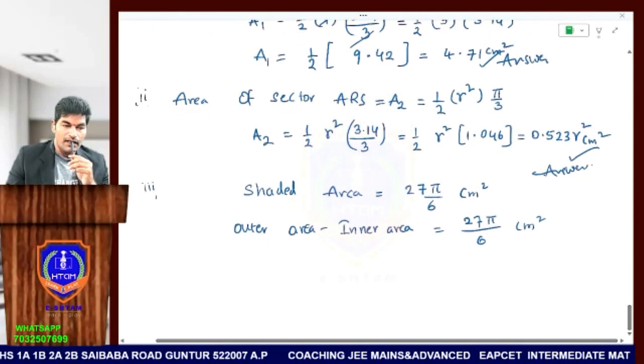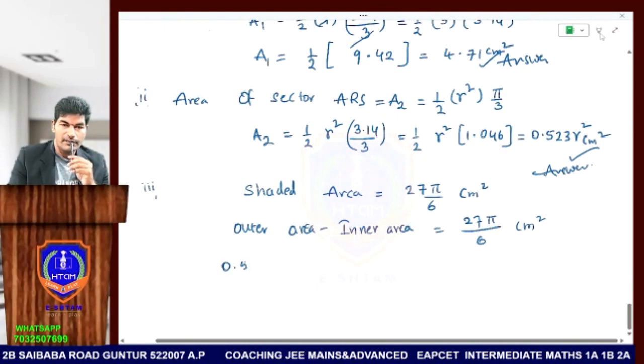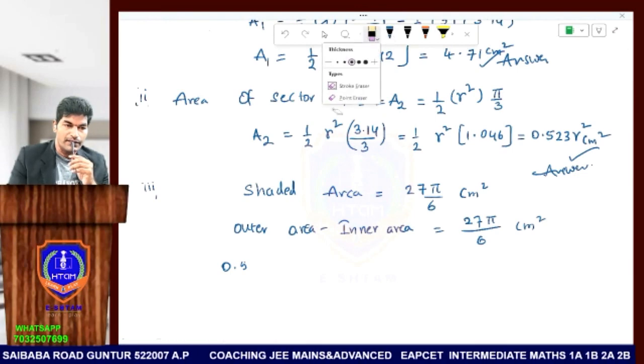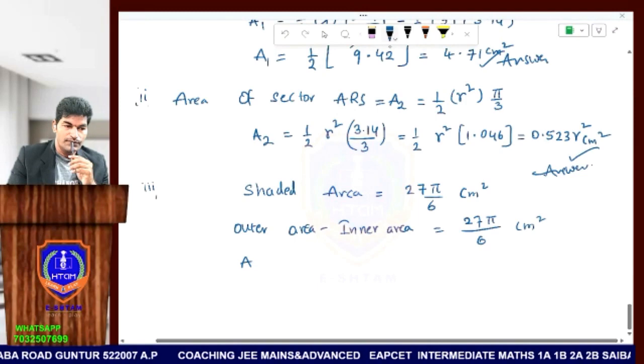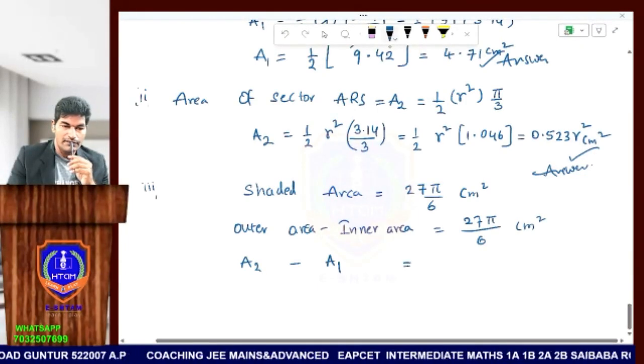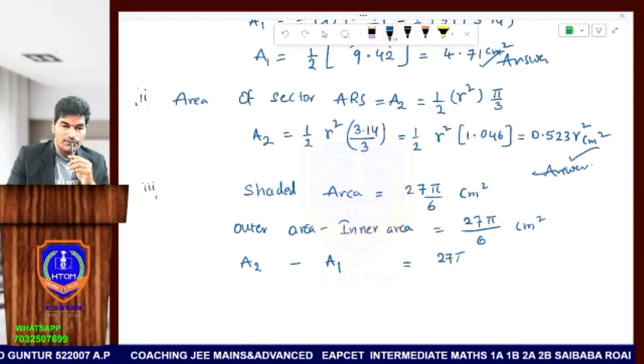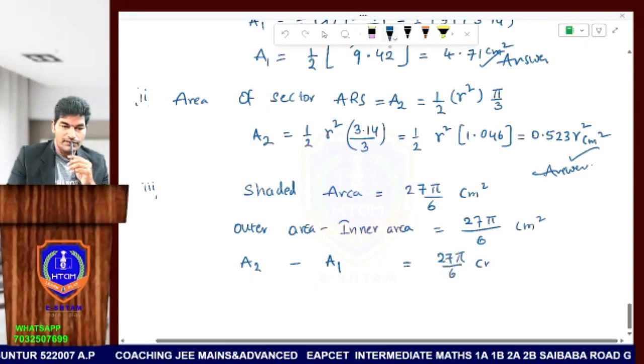Now, what is the outer area? Outer area we are mentioning as A2, right? Outer area was A2 minus inner area was A1, and this value is equal to 27 pi by 6 centimeter square.